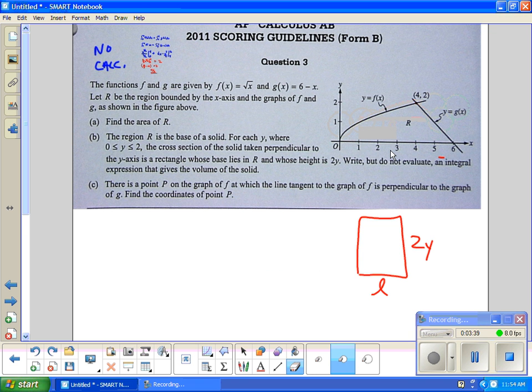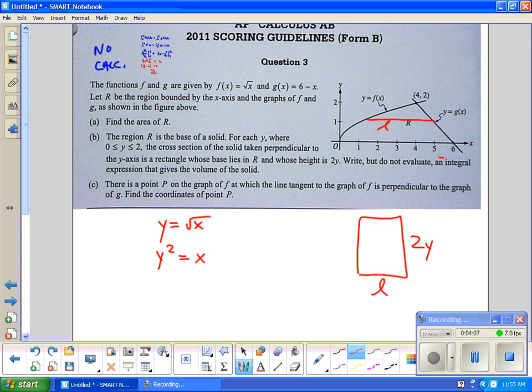We know based on what it said, and that it's perpendicular to the y-axis, that is L. We have to catch then that we're going to have to solve both of these functions for x. So we're going to have to start there. If I solve both of these for x, y equals square root of x becomes y squared equals x, right?